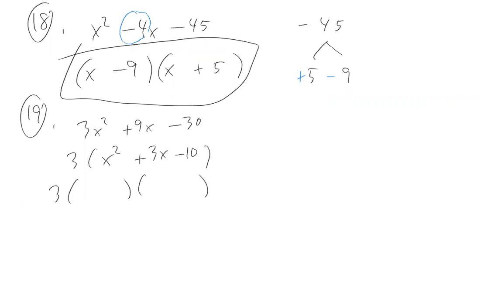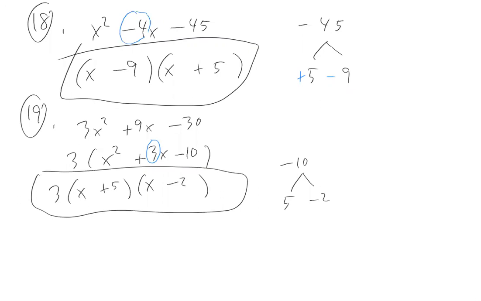The x squared breaks apart into x times x. And then you look at the negative 10. You break that apart into 5 times negative 2, because 5 plus negative 2 would add up to make 3, which is the number in the middle of the problem. So it'll be positive 5, negative 2. And there we go.